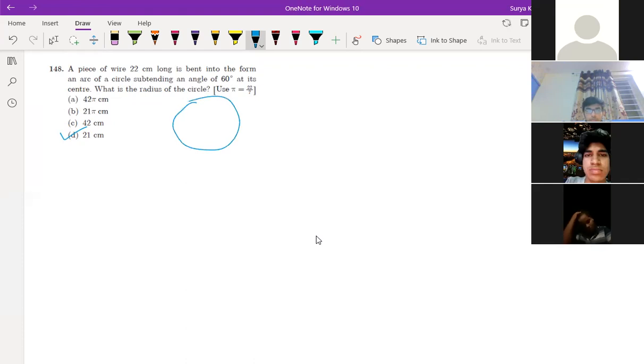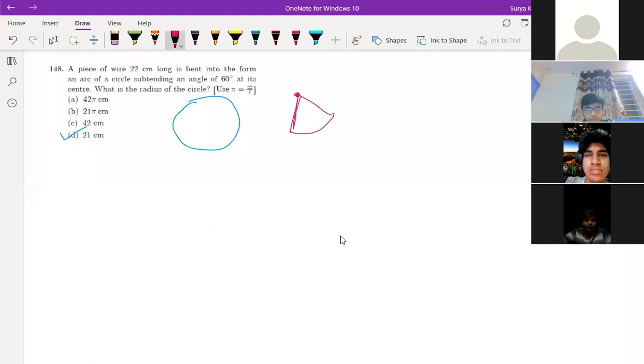A piece of wire 22 centimeter long is bent in the form of an arc, like this, subtending an angle at the center. So what is the radius of the circle?